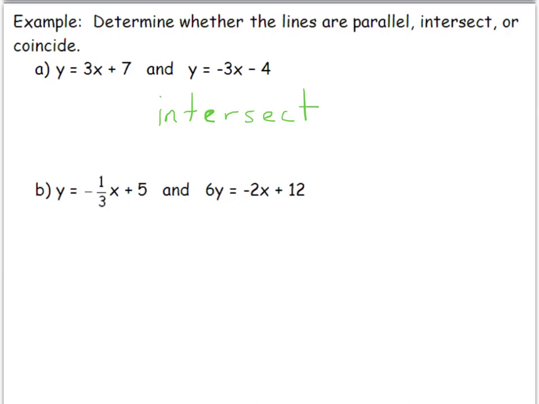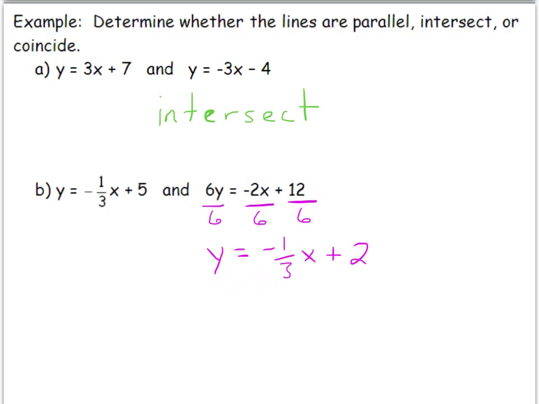Go ahead and try the next example out on your own. So take a look at this one. Notice that the first equation was written in slope-intercept form, but the second was not, so the easiest way to go about this is to get the y by itself. I divided everything by 6, and I ended up getting y equals negative 1/3 x plus 2. Now, to answer whether it is parallel, intersecting, or coinciding, first we take a look at the slopes.